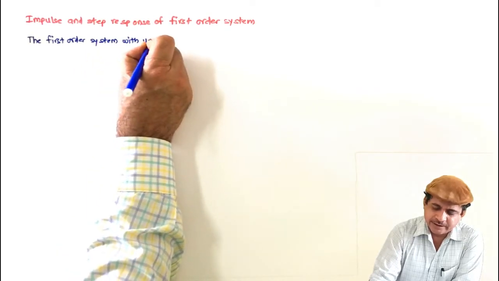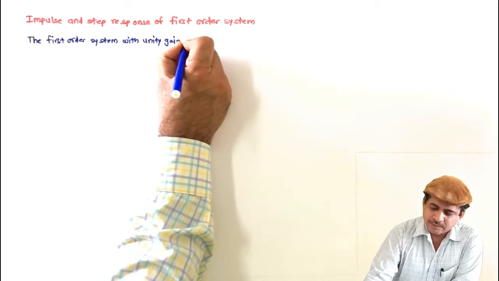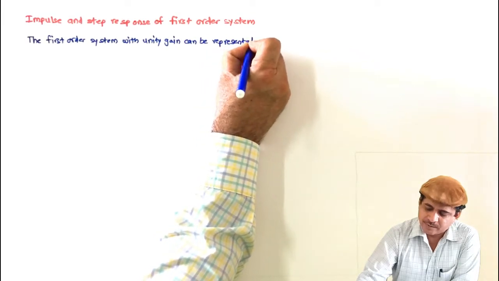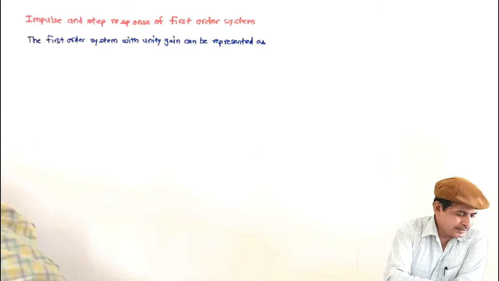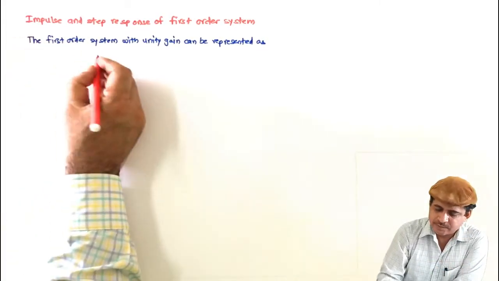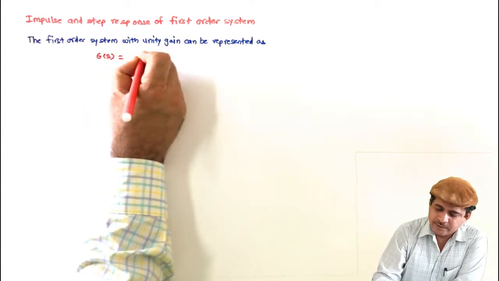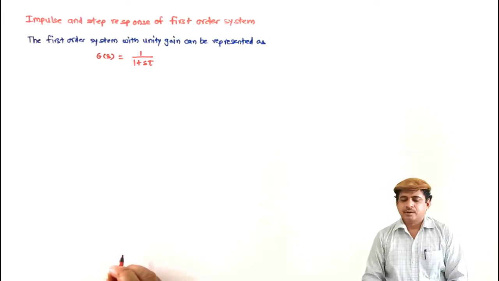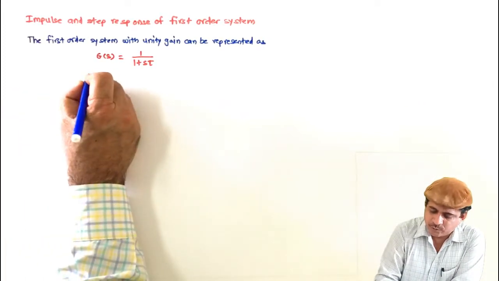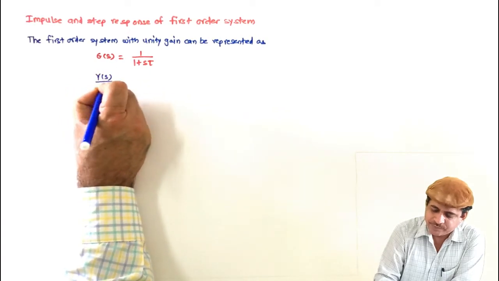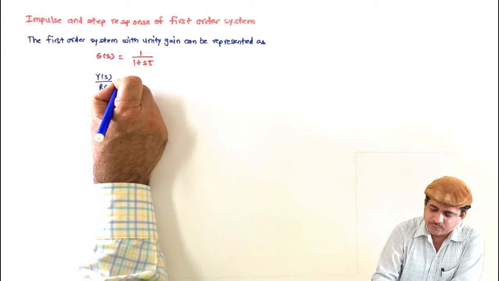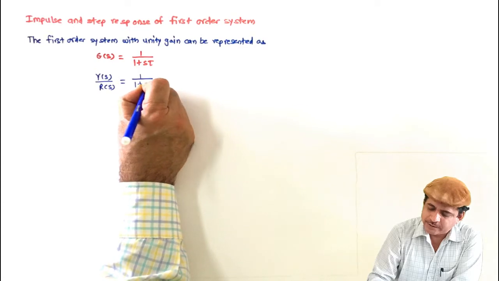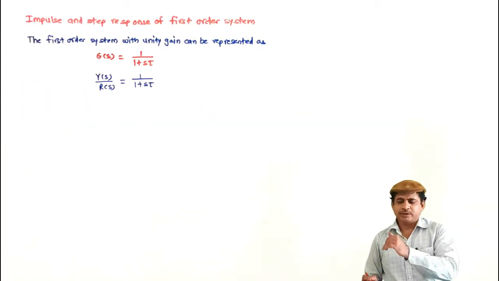It can be represented as, say, G of S is equal to 1 upon 1 plus S tau, and as we know, Y of S by R of S, where R is the input, will be 1 upon 1 plus S tau, where tau is the time constant. We will come to that point later on.